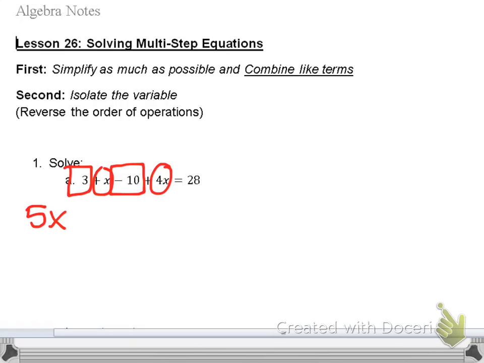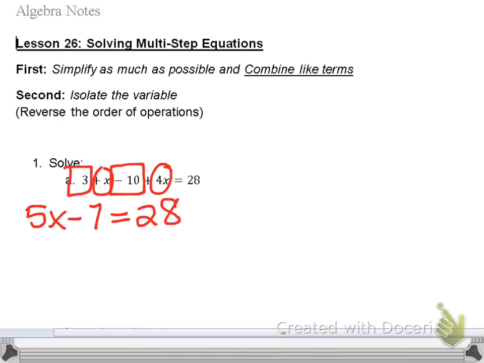And I'm going to combine 3 and negative 10. Since they're opposite signs, I'm going to subtract their absolute values to get 7. And because the 10 has a larger absolute value, I'm going to make that a negative 7, which means subtract 7. And then I still have the 28 on the other side of the equal sign.